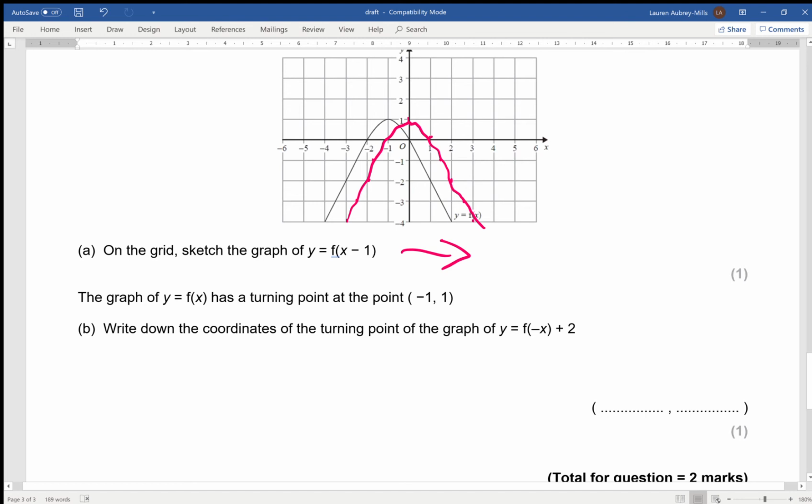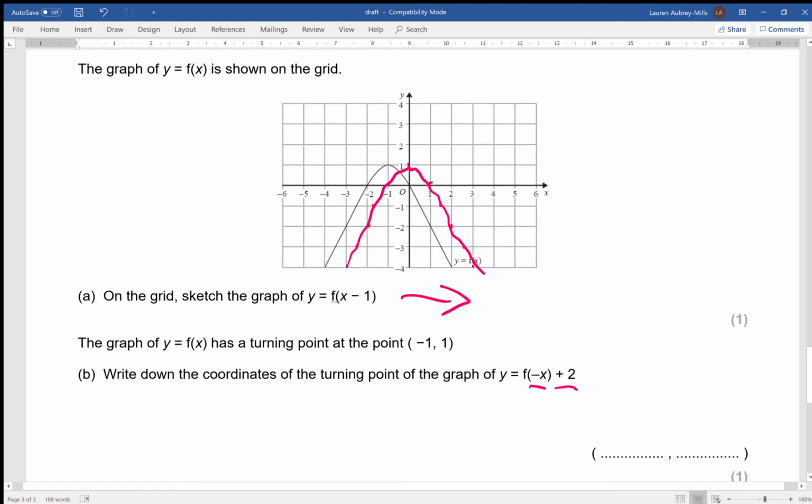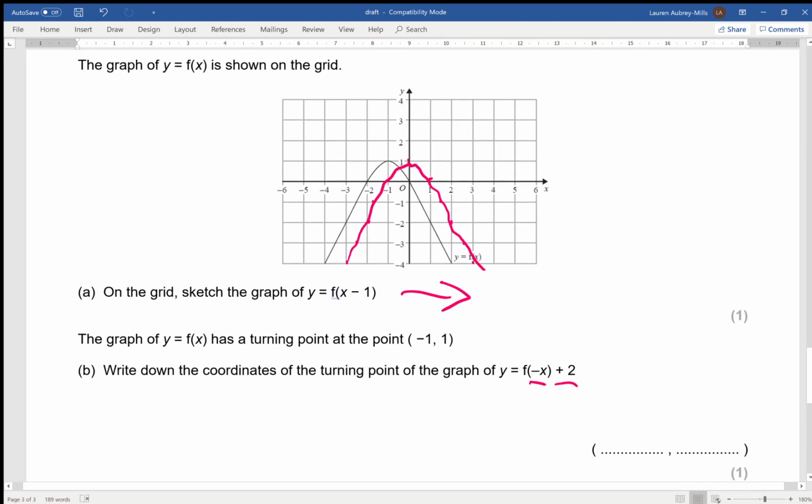Write down the coordinates of the turning point of the graph, and then again they're doing two things to the function. So this is the one we're looking at, the initial function, this one here.